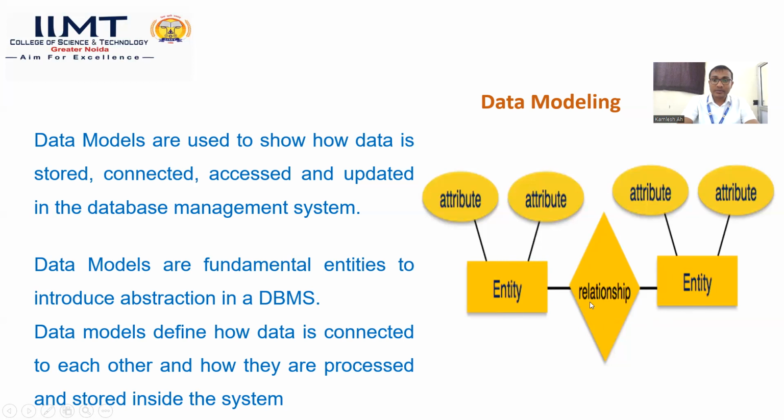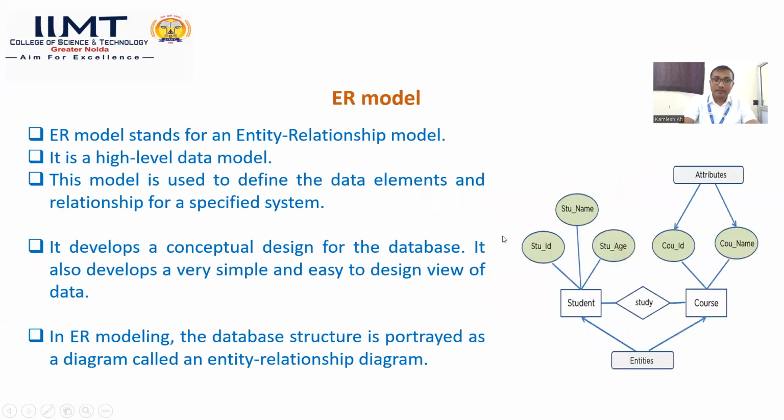This is the relationship between two entities. An entity is denoted by a rectangle, a relationship is denoted by a diamond symbol, and an attribute is denoted by an ellipse, or oval.